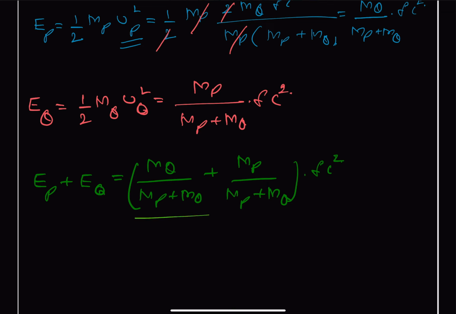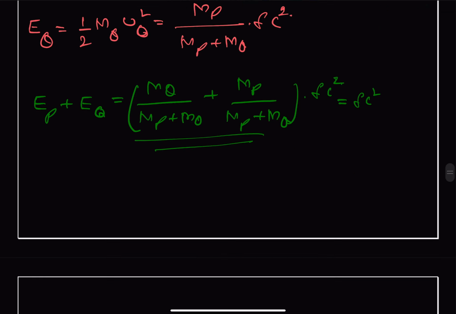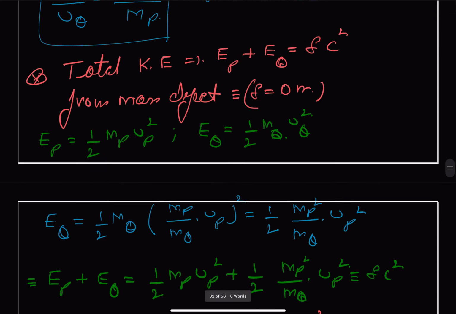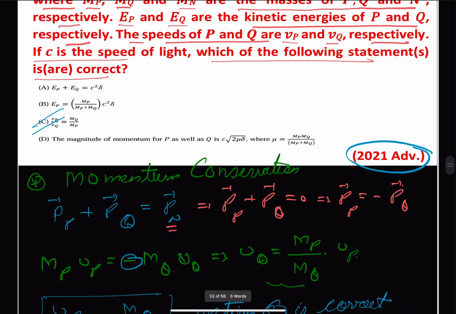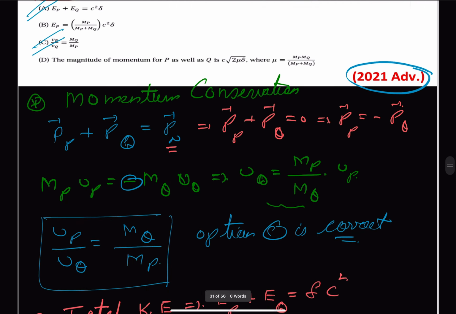So this entire term will be equal to 1. So their solution will be equal to delta C square. Therefore, we can write that EP plus EQ is equal to delta C square. So we have option A is correct.